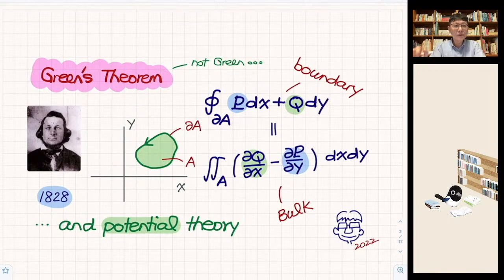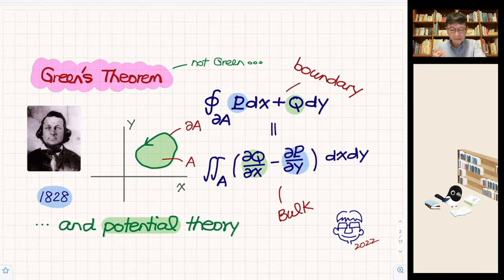Typically we use the right-hand rule, so it's counterclockwise. If you integrate P dx plus Q dy over the closed contour, you get this integral.